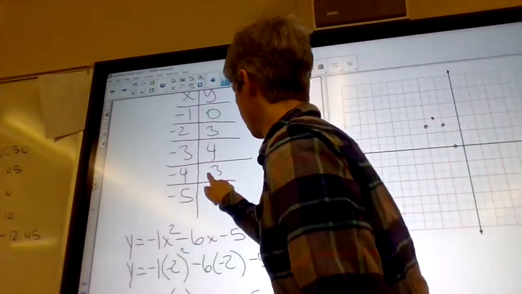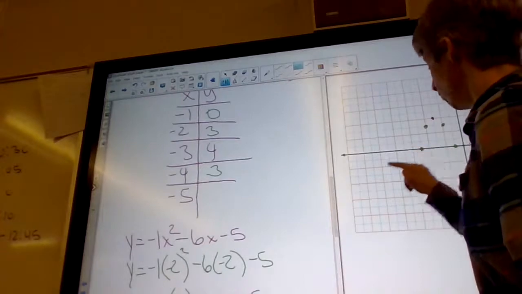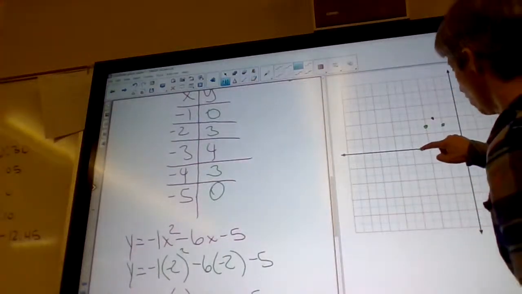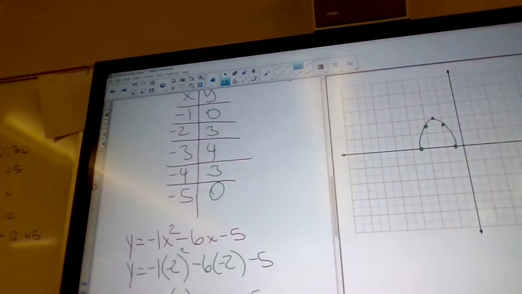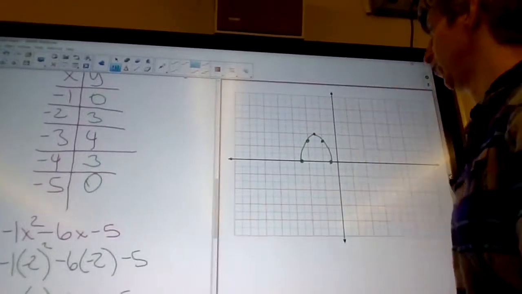So that's got to be a 3. And negative 5 should be a 0. They should match up because a parabola should always be equal on the same sides. And then I just graph my parabola.